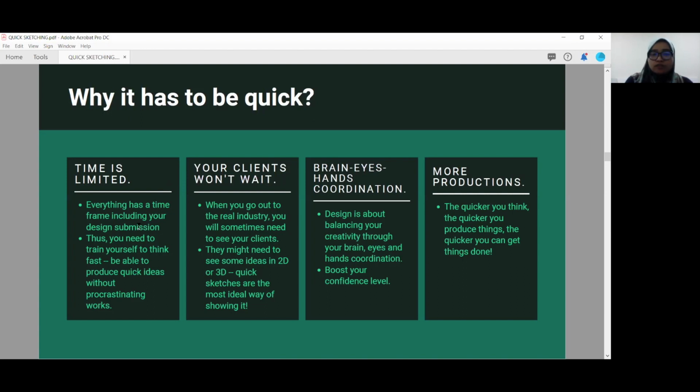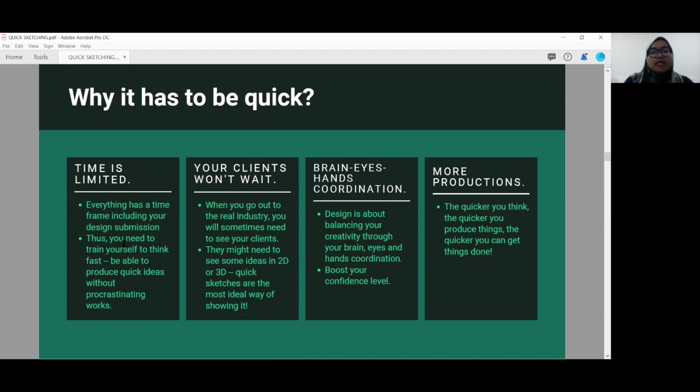You need to train yourself to think fast, be able to produce quick ideas without procrastinating works. So you have to be fast, in order to save time, so that you have more time to do your submission. It has to be on certain standards, certain quality, so time is very important.